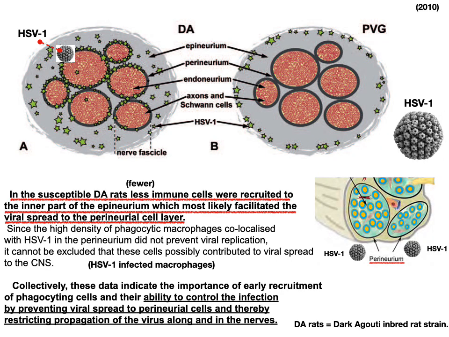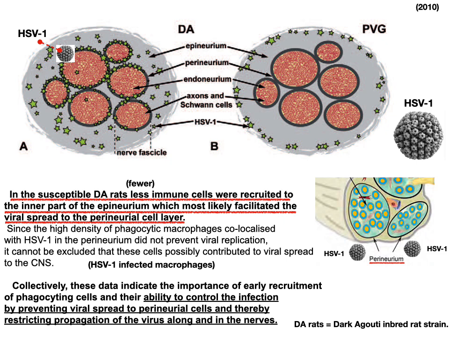This is a summary graphical abstract of the findings. So comparing A and B, A is the inbred rat strain, the DA rat strain, which was highly susceptible to viral invasion of the trigeminal nerve, which are illustrated with the green stars.